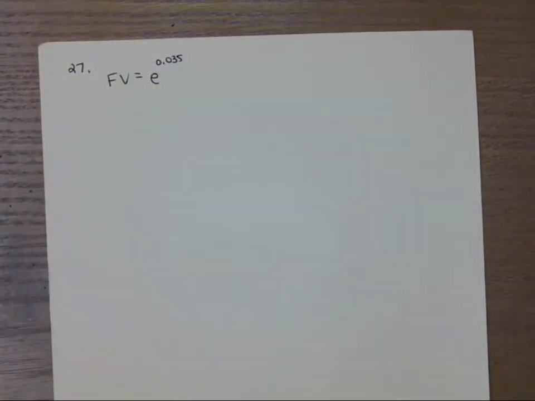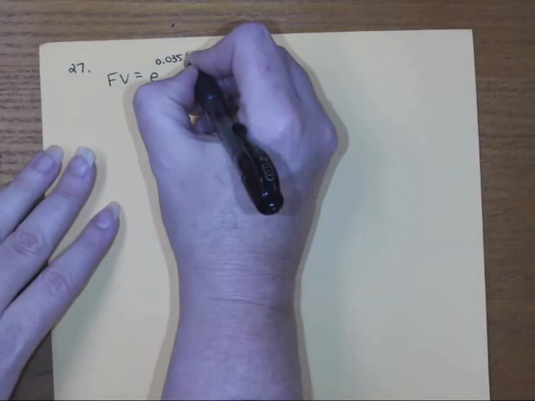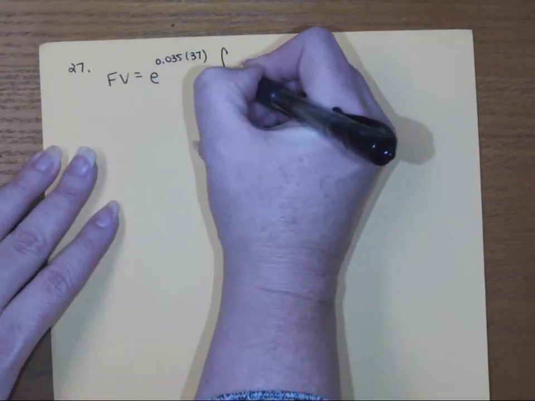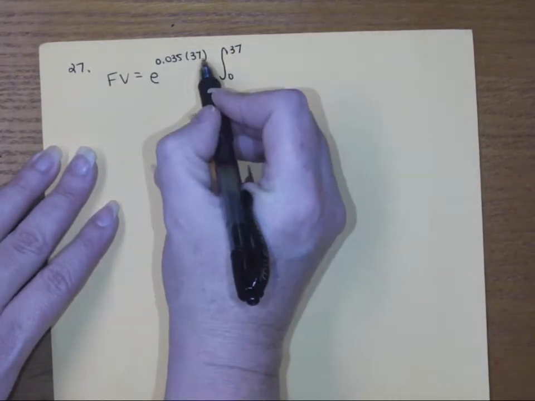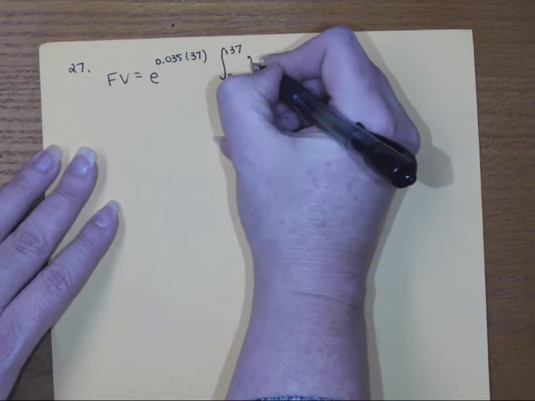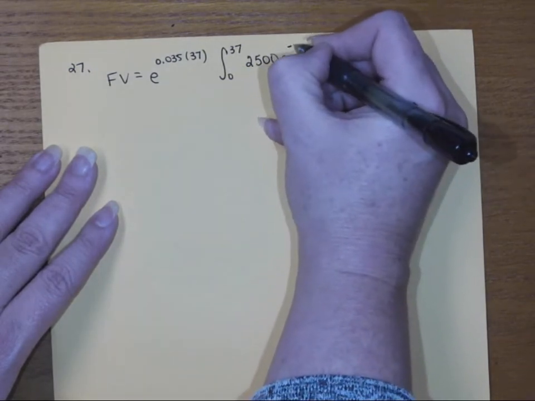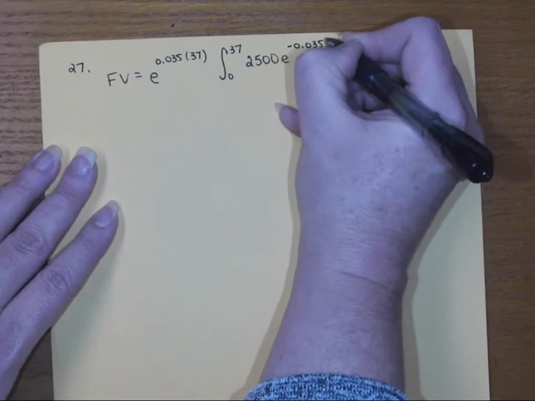So pay attention. If you're 28 and you're going to retire when you're 65, that's 37 years, right? So that's an odd year number, but that's what you have. And then it's the integral from 0 to whatever that number was. These two always match. And then it's 2500 e to the negative rate times time power.